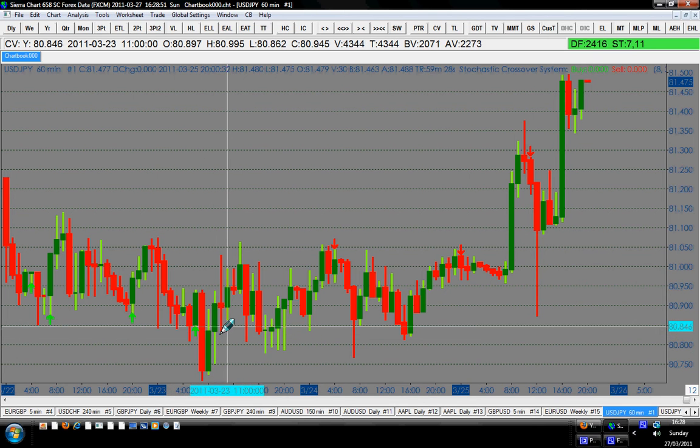A trading robot is a trading system that has been converted into automatic trading software. I repeat, a trading robot is a trading system that has been converted into automatic trading software.